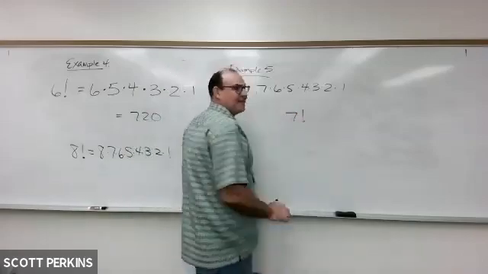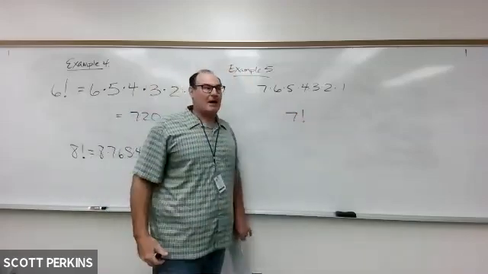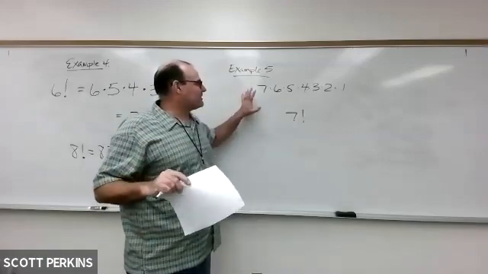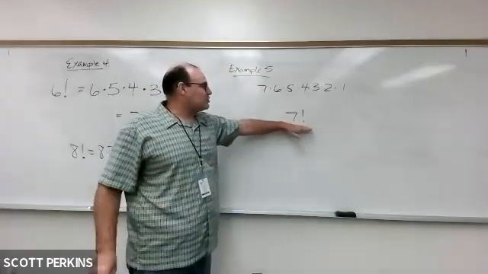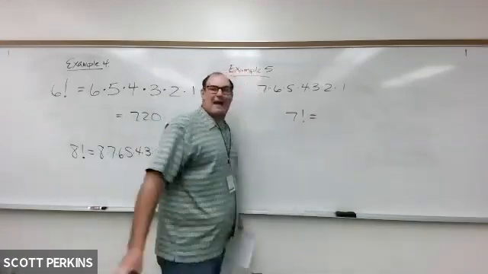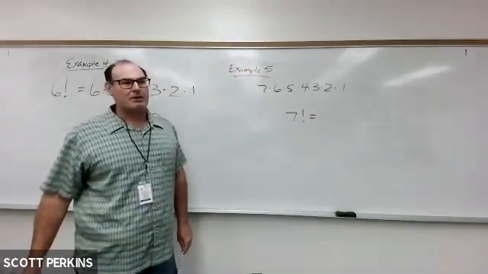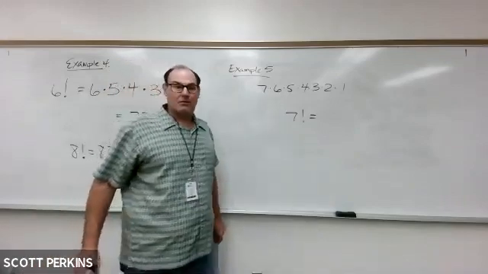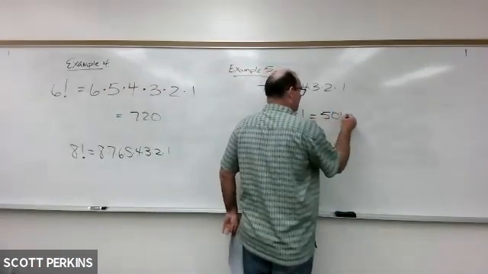That's just 7 factorial. Either way, I'm not too much of a stickler, but this is the shorthand lingo. When you pop that into your calculator, how many different arrangements of those 7 books are there? 5,040? Okay, great.